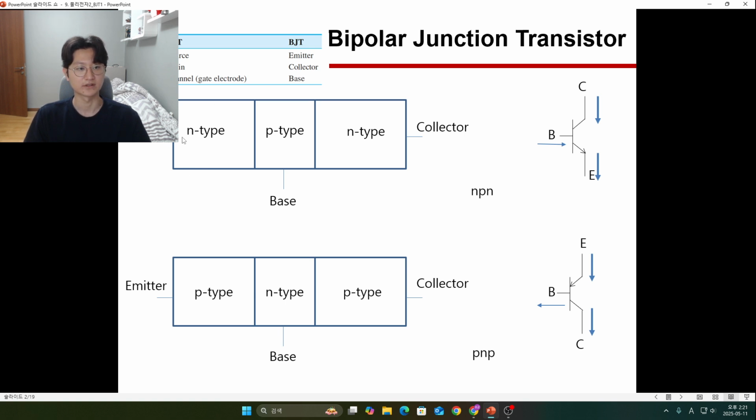The important parts of this transistor are the emitter, base, and collector.